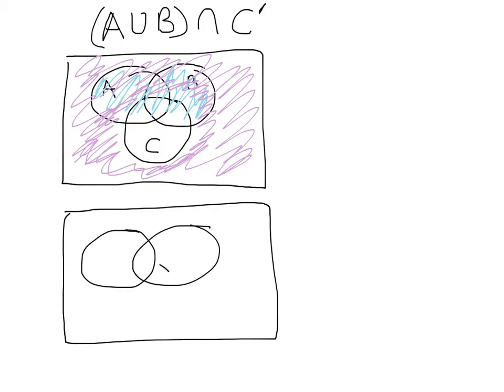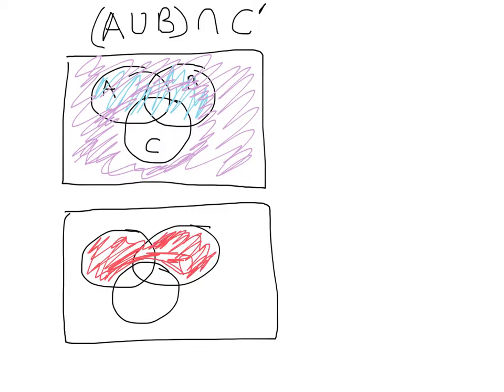So the intersection of those is where they overlap. We can see that they overlap here, here, here. They do not overlap in this space, and they do not overlap in this space. So where these things overlap is in the area that I've shaded in red. Now I'm leaving off the symbols A, B, and C, but those are fairly straightforward. So that's what's happening in the Venn diagram.